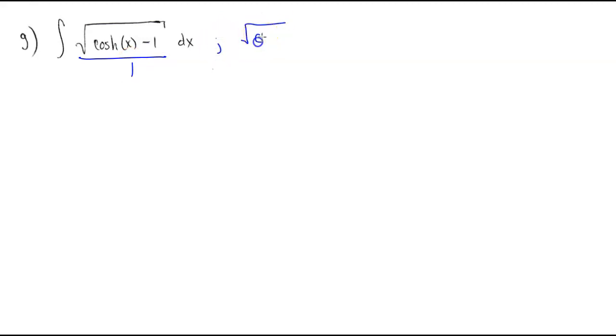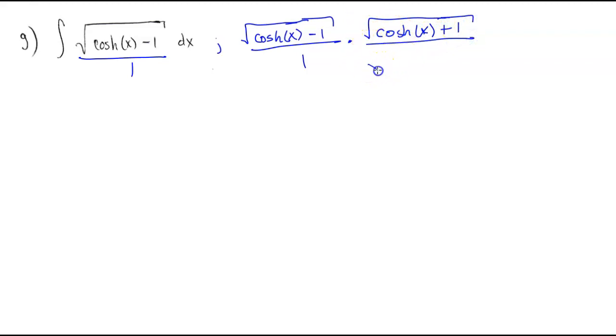And what I'm going to do is rewrite what I have here by multiplying both the numerator and denominator by square root of the conjugate of what the radicand is. Okay. So the conjugate of cosh x minus 1 is just cosh x plus 1.